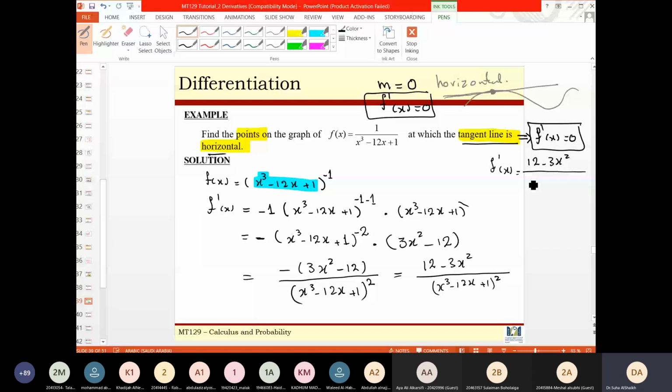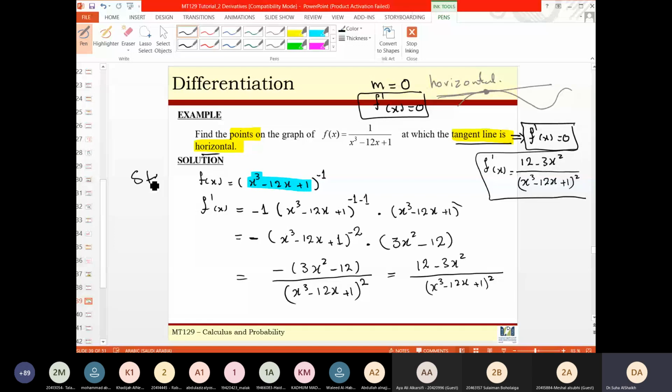I'm gonna erase this because that was step 1. This is step 1 of the solution: we find f dash. Step 2, I have to let f dash equal to 0, to get the points where the tangent line is horizontal.